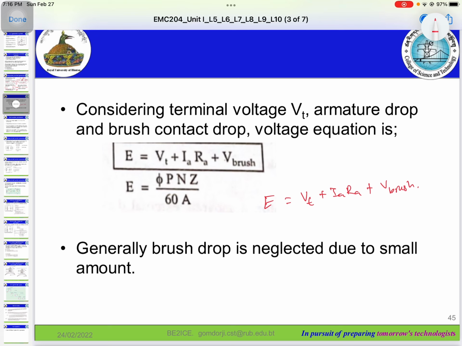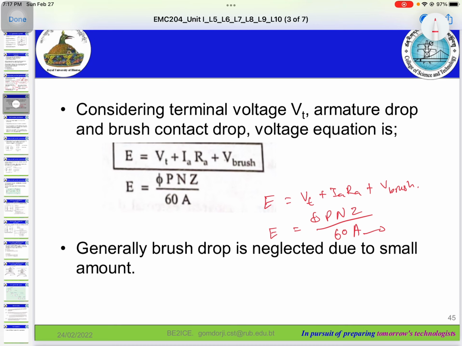And then again, from the principle of the DC machine, we have learned that E is also given by the magnetic flux times number of poles times the speed of the armature or rotor, and the number of conductors in the armature winding, divided by 60 times the number of current paths A. Now this A will be dependent on the type of armature winding.